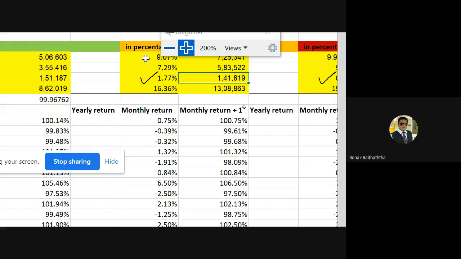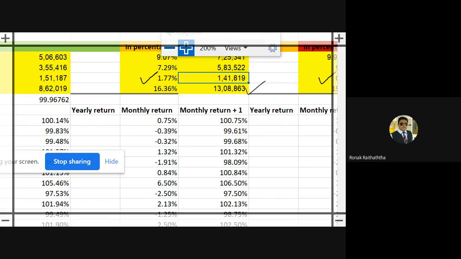I think the second one looks very, very rational. The second one looks very, very promising. The reason why it looks very promising is that just by taking some additional risk, your lowest return in 68% of the times is falling just by 10,000, but the maximum return may go as high as 13 lakh 08.